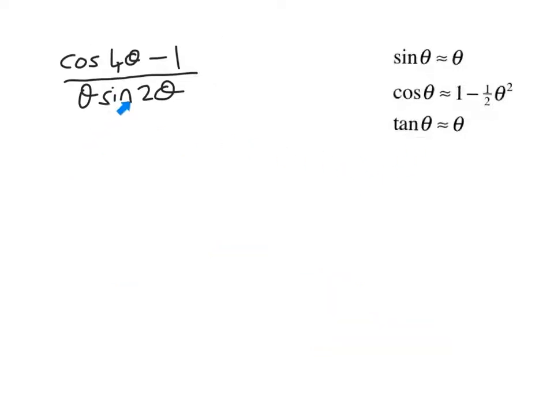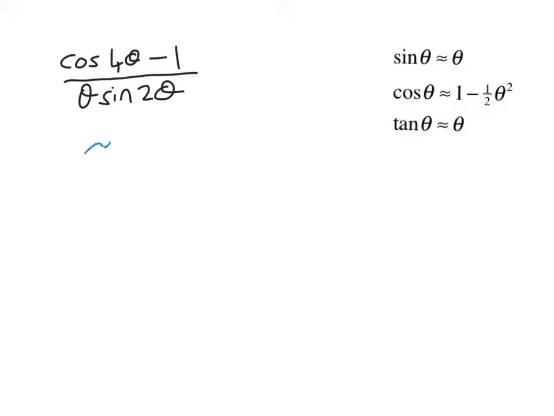Okay, let's move on to this next one. Just introducing using cos. Well, cos theta is approximately 1 minus a half of theta squared, or sometimes you see this as theta squared over 2. Let's have a look at how we deal with this.